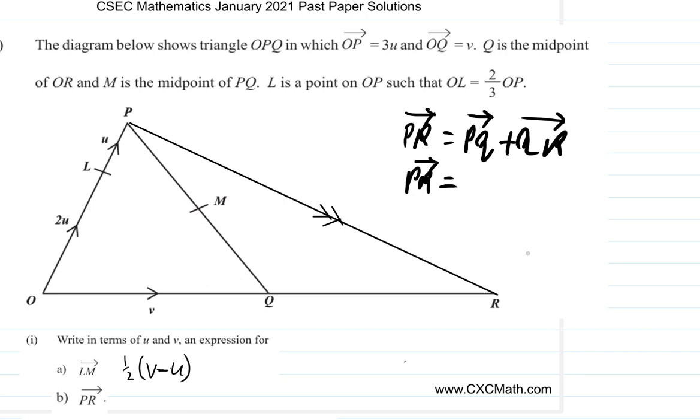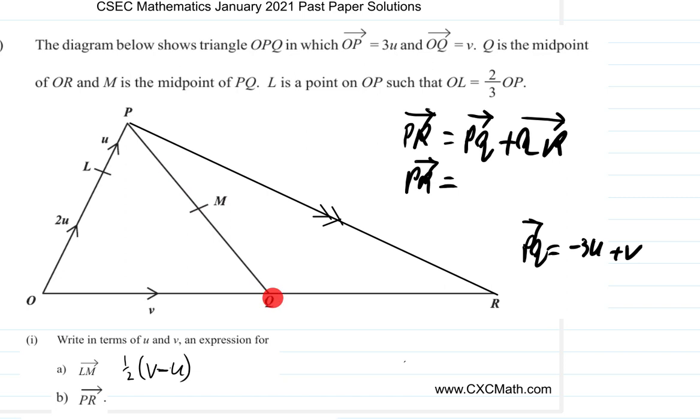But anyway, let's quickly be reminded of what it is. PQ was negative 3U plus V. Alright, so that was PQ.